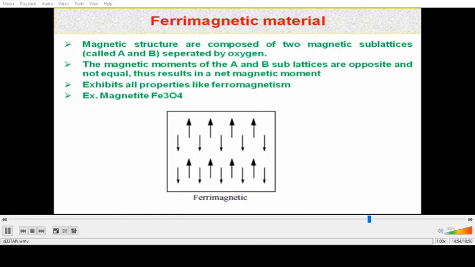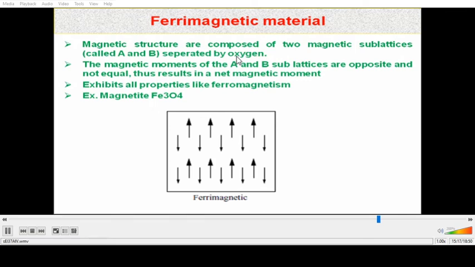So the fourth type is a ferrimagnetic material. In this material, magnetic structures are composed of two magnetic sublattices, called A and B, separated by oxygen in common.